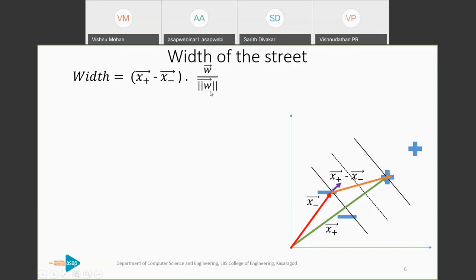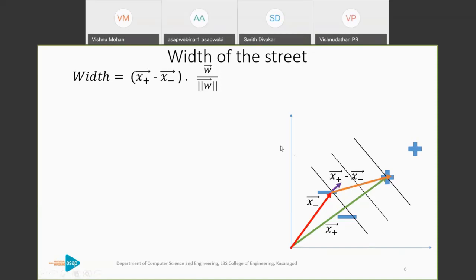So you will represent the unit vector like that: the vector divided by its norm. So you got the width now. So the width is a scalar quantity. How did you get that? We take the projection of this difference vector onto the unit vector to get the width of the street.